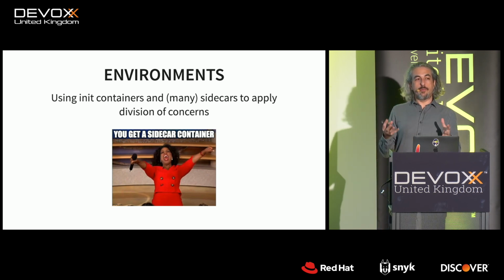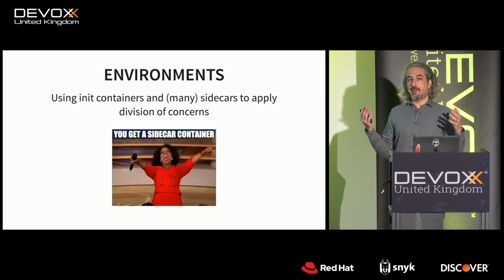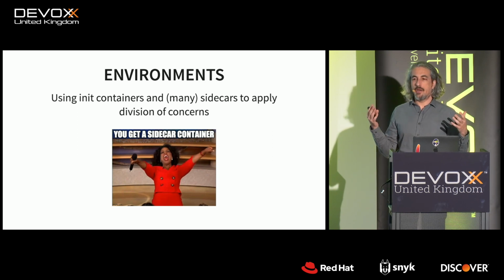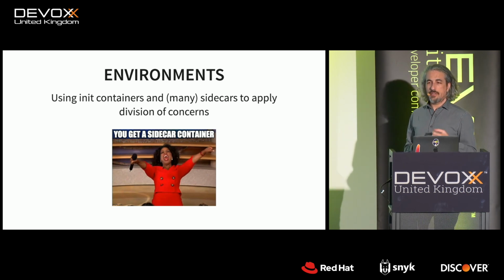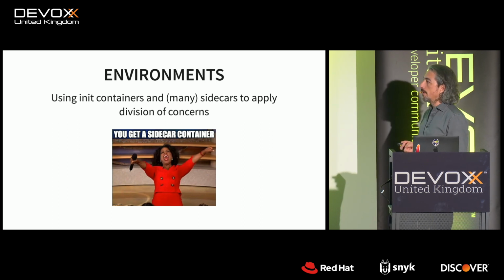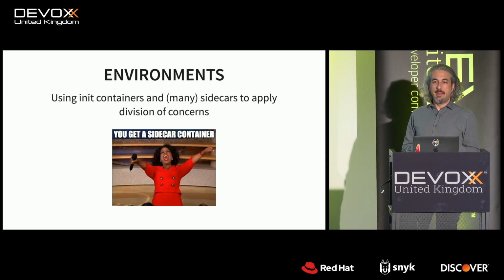And all of them share the network namespace, they share different resources, you can share disk across them, and so on. So it's a very popular pattern. And it allows you to do division of concerns easily for things that you don't want to make a separate service, but you want to run next to your application.